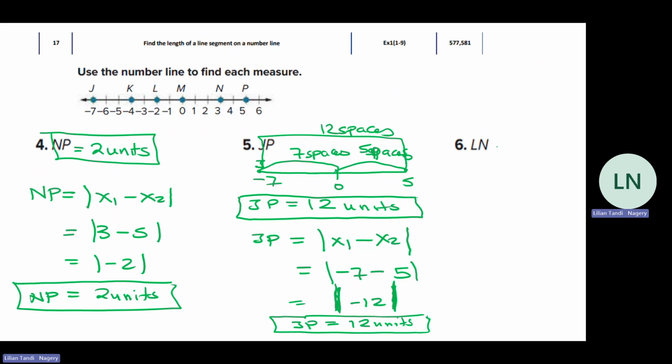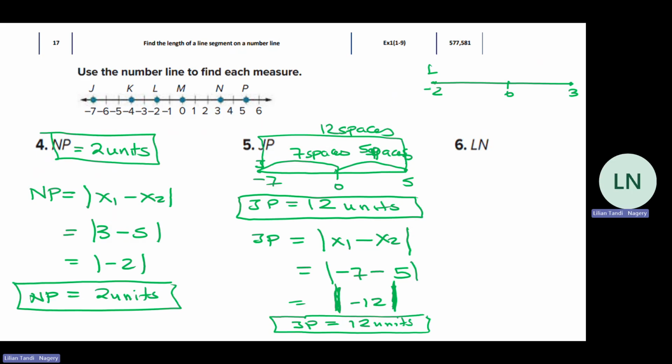All right, LN, from L to N. Let me use this space up here. So L is -2 and N is +3. When you have a negative and a positive number, use 0.